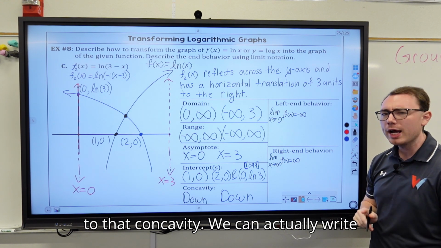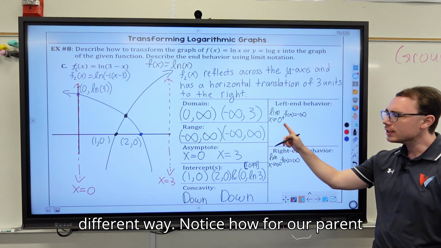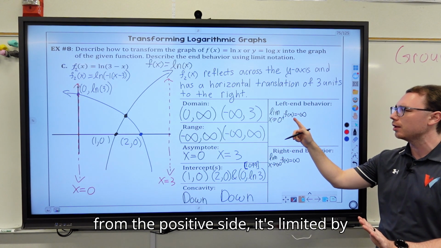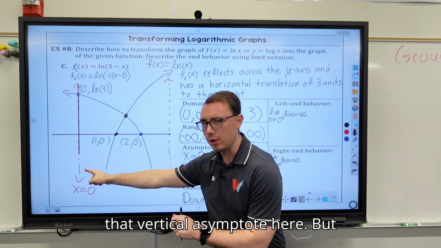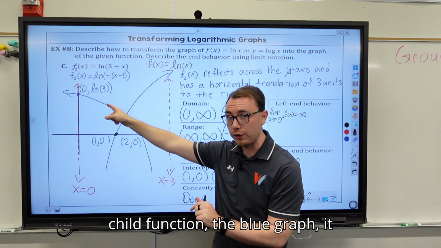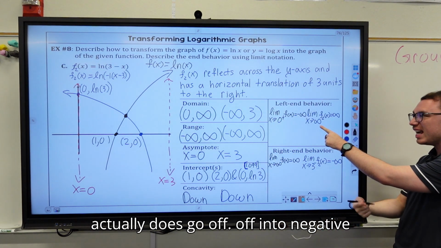We can actually write our limit notation in a little bit of a different way. Notice how for our parent function, the limit of x approaching 0 from the positive side, it's limited by that vertical asymptote here. But for our left end behavior of our child function, the blue graph, it actually does go off into negative infinity.